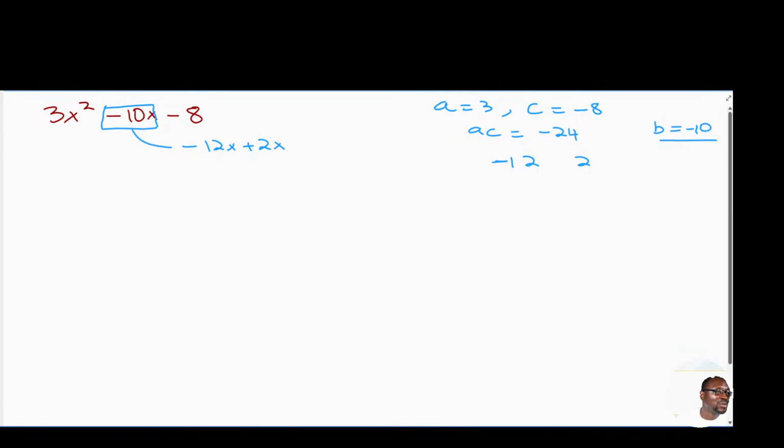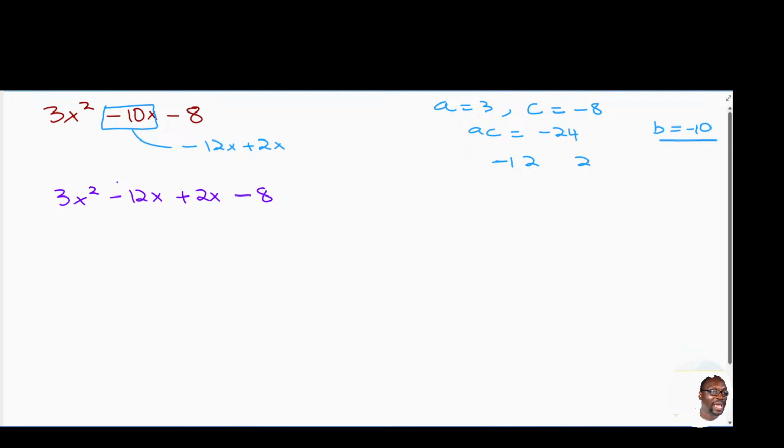And now the next step is to rewrite this whole expression, replacing the middle term with the sum of its factors. So this is going to be 3x squared minus 12x plus 2x minus 8.